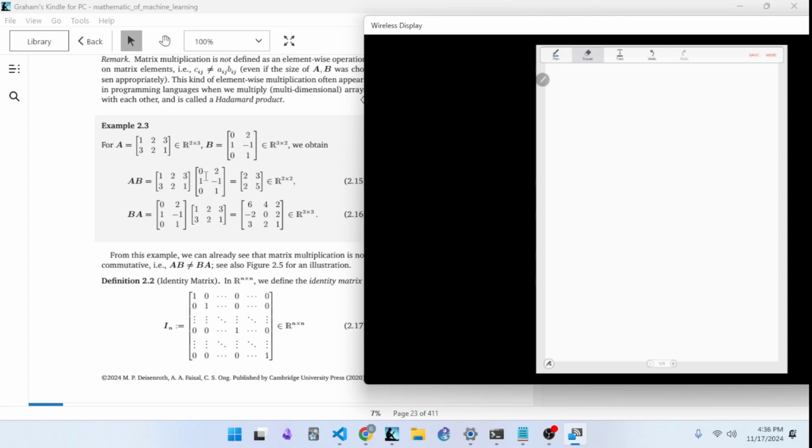So 1 2 3, 3 2 1, and then 0 1 0, 2 negative 1 1. Yeah, so that's not bad.